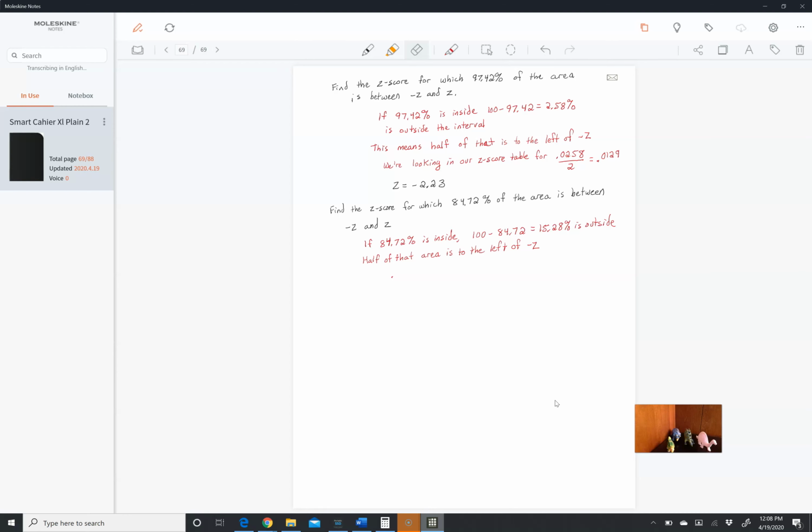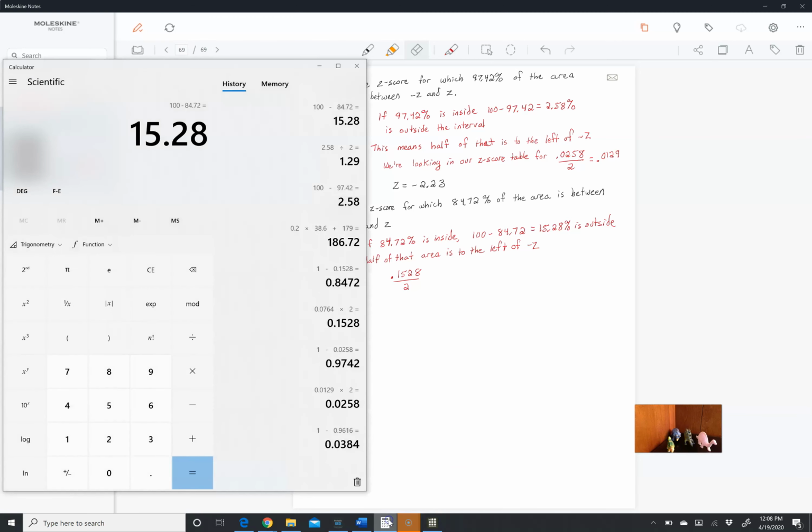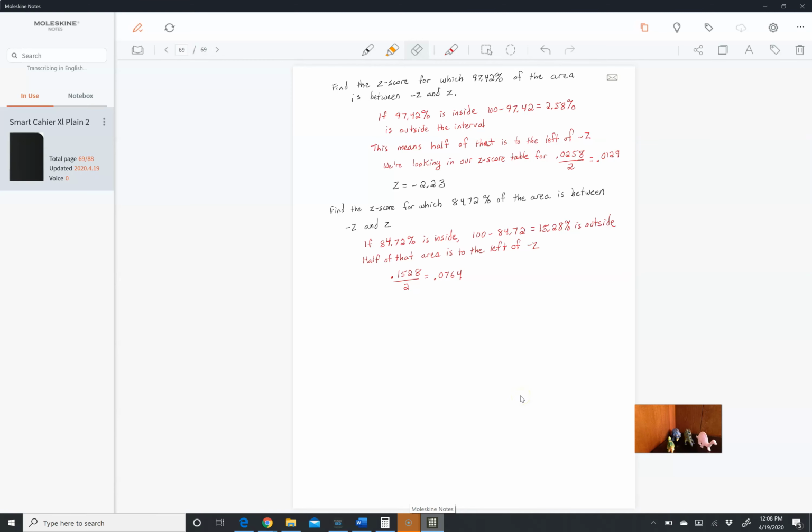So we're going to take it in a decimal, 0.1528 over 2. And if we do that, we get 0.0764. Okay. That's what we're looking for in our z-score table.